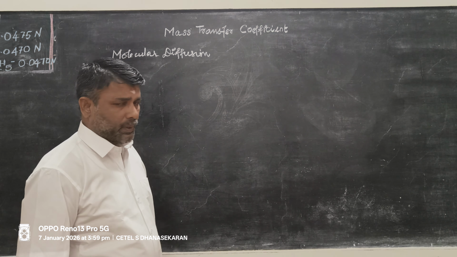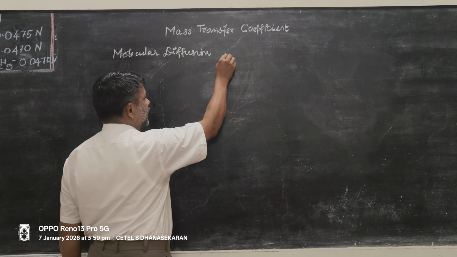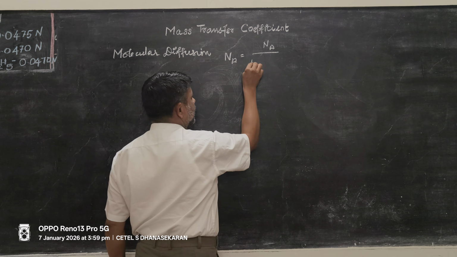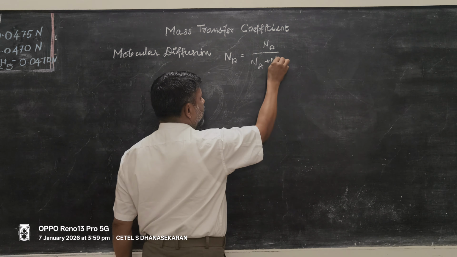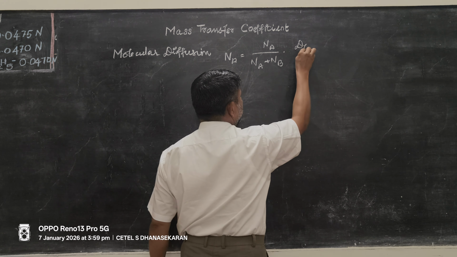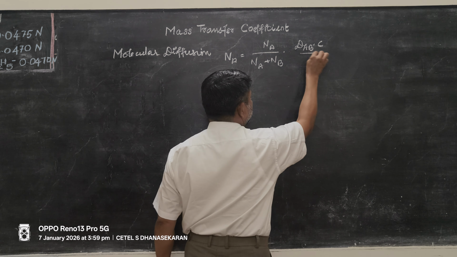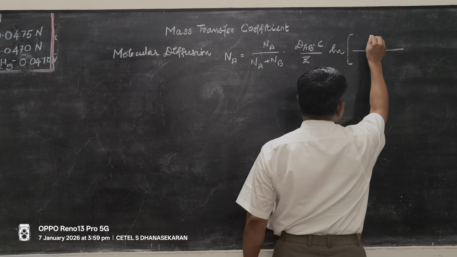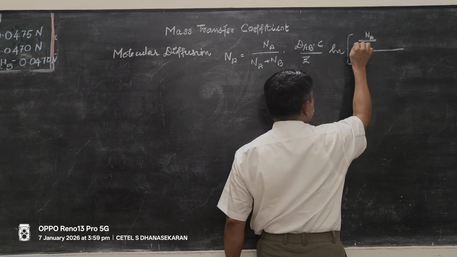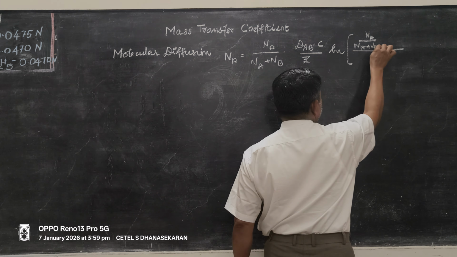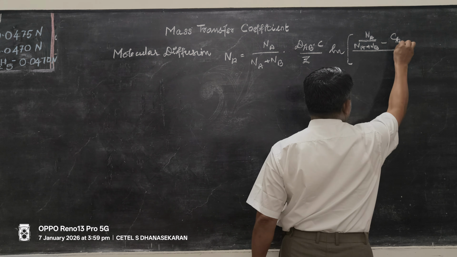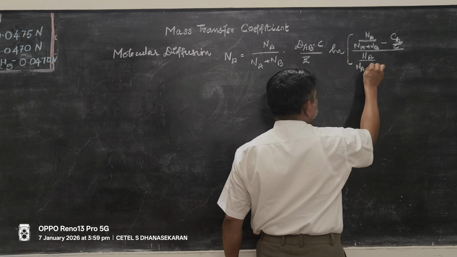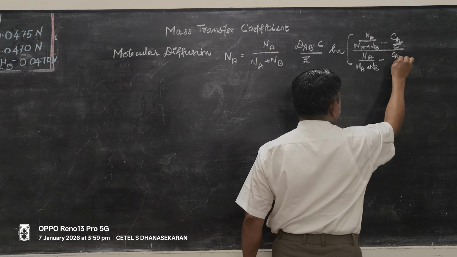We already derived the expression: NA is equal to NA divided by (NA plus NB) into DAB into C divided by Z into ln of [(NA divided by (NA plus NB)) minus CA2 divided by C] divided by [(NA divided by (NA plus NB)) minus CA1 by C].